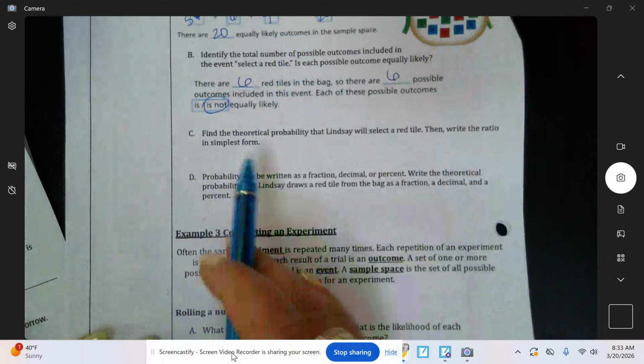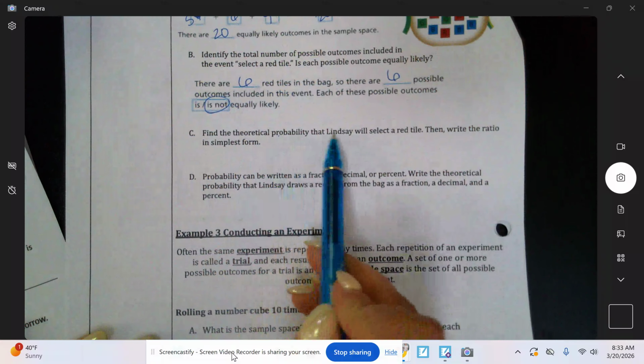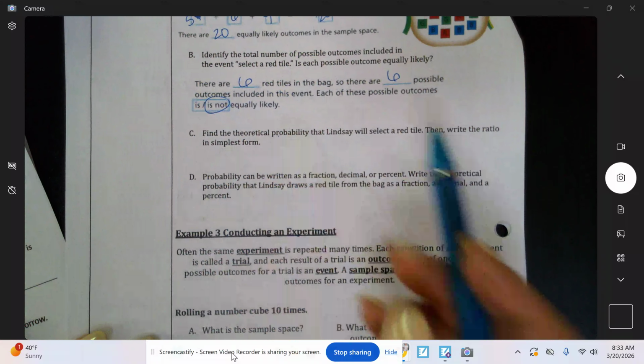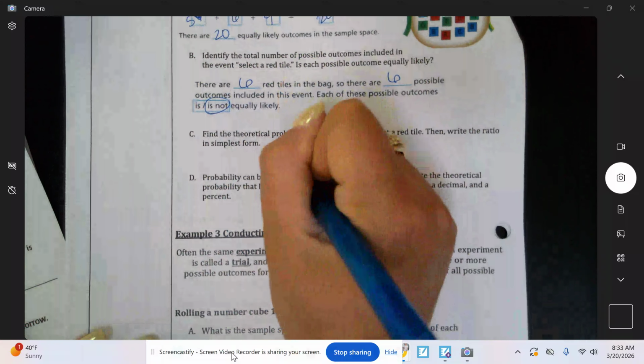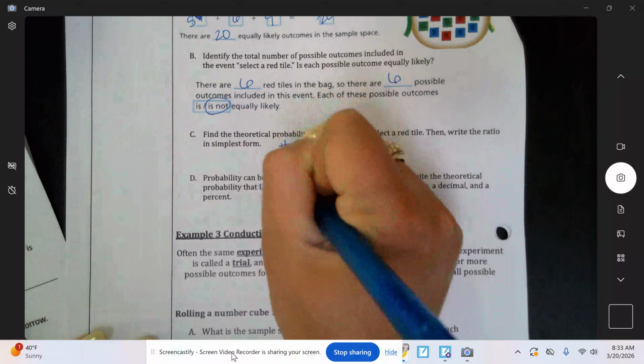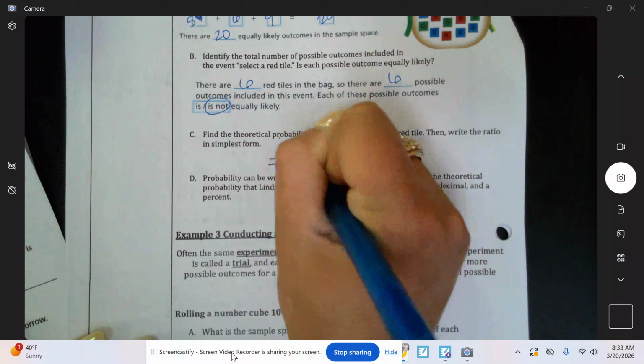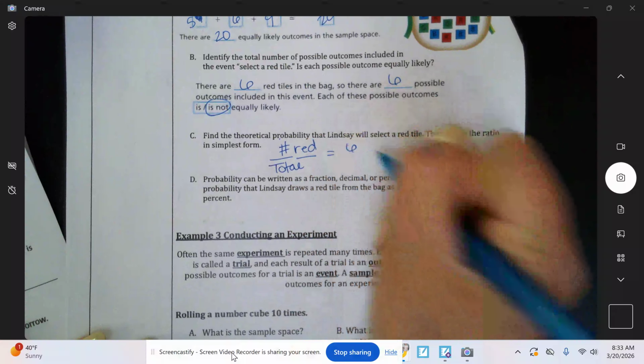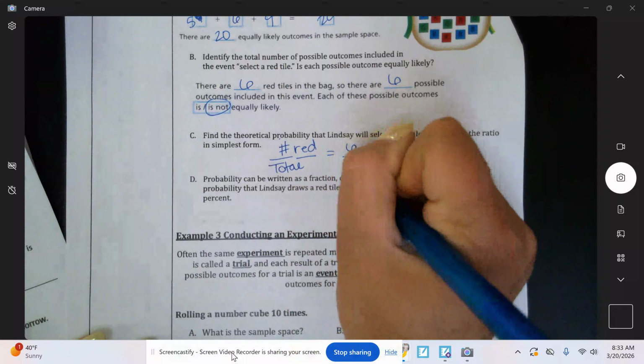Alright, it says find the theoretical probability that Lindsay will select a red tile, then write the ratio in simplest form. So we want the number of red over the total number of tiles. So we have 6 over a total of 20.